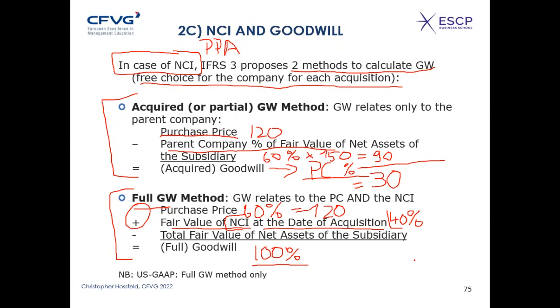So why do you think there's a difference when I buy 60% of a company or 40%? A difference that could justify, obviously, a difference in price. What's the difference between buying 60% of a company and 40% or 20% or anything else? Any ideas, please?